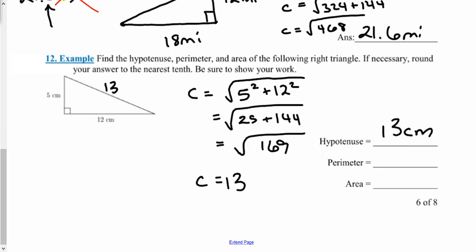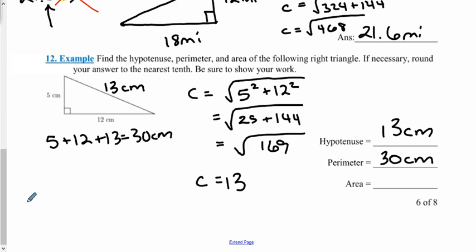Now that we know that, we could actually find the perimeter. We couldn't find the perimeter before. Now we can. So we've got 5 plus 12 plus 13 makes 30. 30 centimeters all the way around this triangle. Lastly, let's find the area.